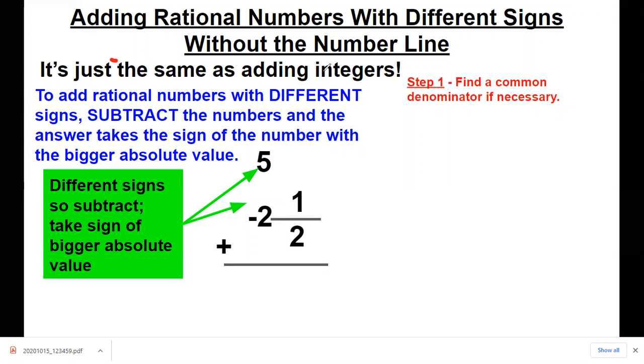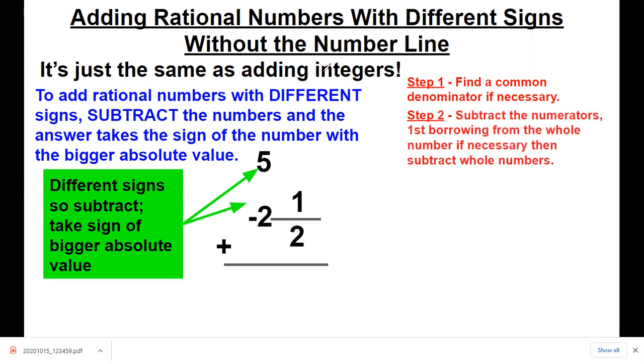Find a common denominator if necessary. That's not necessary in our case. Subtract the numerators first, borrowing from the whole number if necessary, which it is necessary, and then subtract the whole number. So we'll borrow from the 5, cross it off, make it a 4, bring the 1 over, and now it becomes 2/2, right?